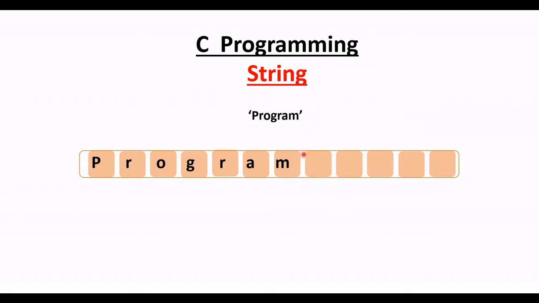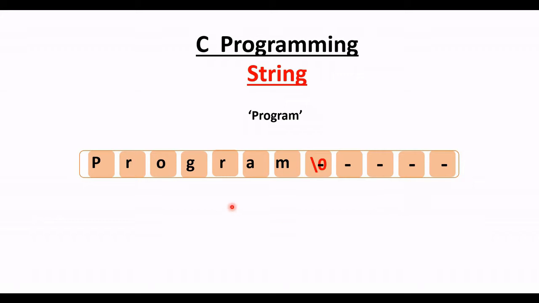So to understand that my string has ended, or that this is the end point of our string, we will add one slash 0 there. These all are garbage values, and we will add one slash 0. With the help of this slash 0 we will be able to recognize that our string has ended at this point. So this is the breaking point. Before this breaking point, this is our entire string, and after it all the values are garbage values.